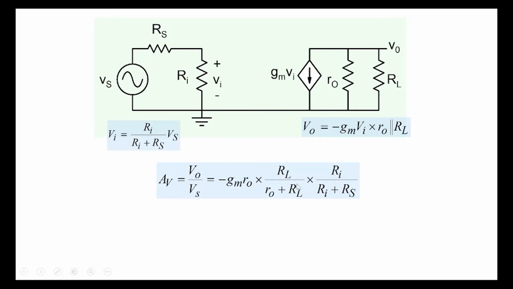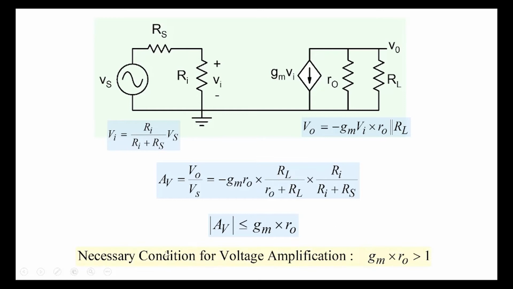Therefore, if you want to get a gain, it is essential, the minus sign just indicates the 180-degree phase difference between the output and the input here. So the magnitude of the gain will be less than or equal to gm R0, the first term here. Therefore, a necessary condition for obtaining voltage amplification is that gm times R0 must be larger than 1.